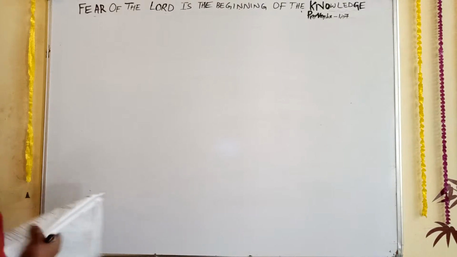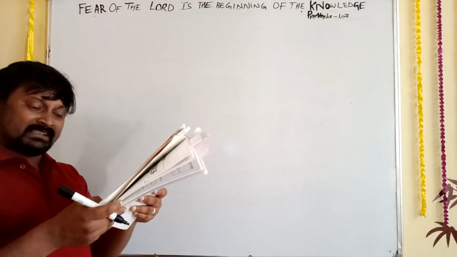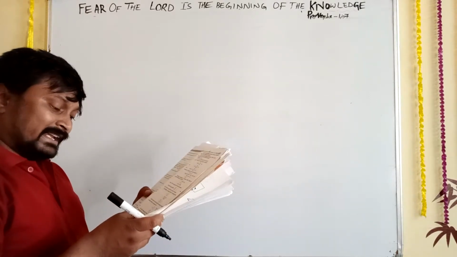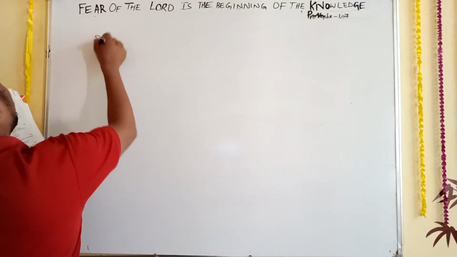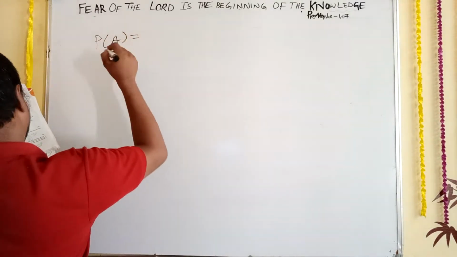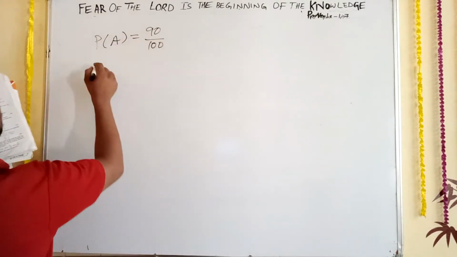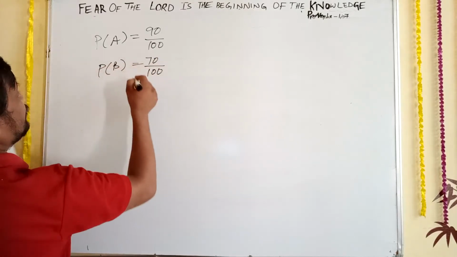Here in the 10th question they have given that A can solve 90% of the problems given in a book and B can solve 70%. If A can solve 90%, that means 90 upon 100. B can solve 70%, 70 upon 100.